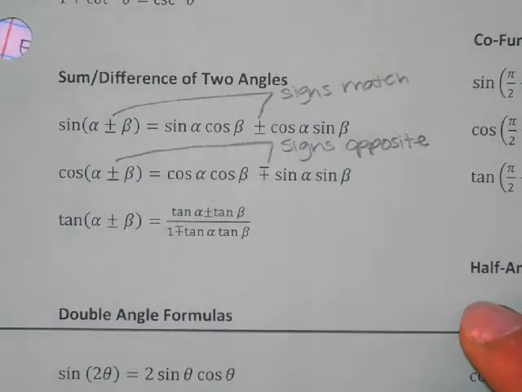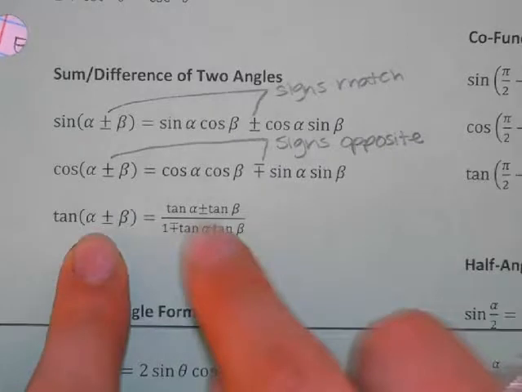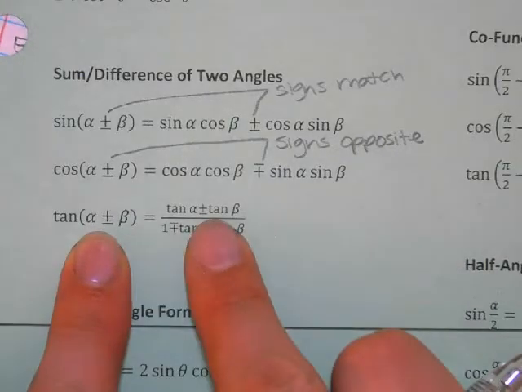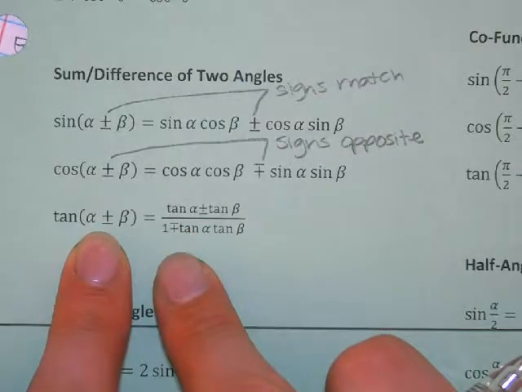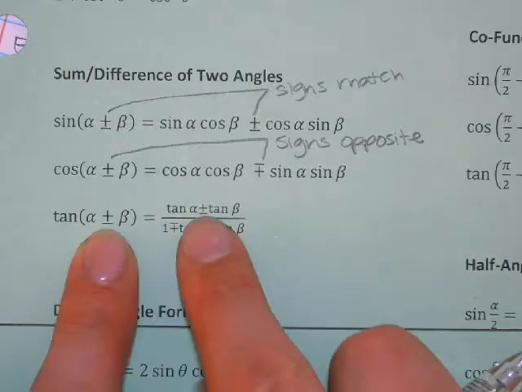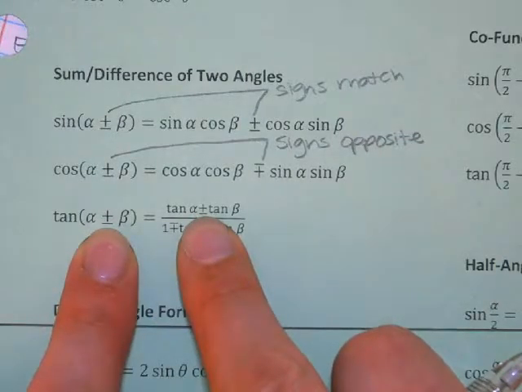All right, can we see that? All right, we're about to do tangent. What do you see about tangent? It is more complicated. It is ugly. All right. Now, what do you guys notice about the signs for tangent? They match on top. You see that?